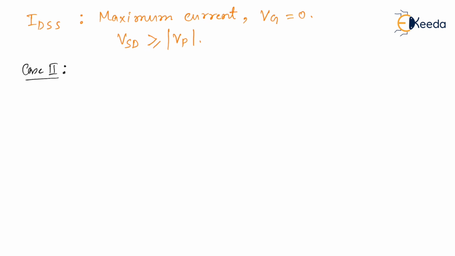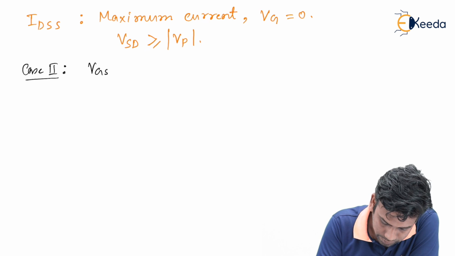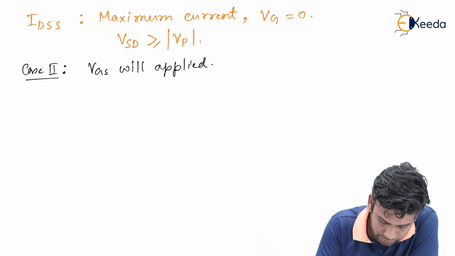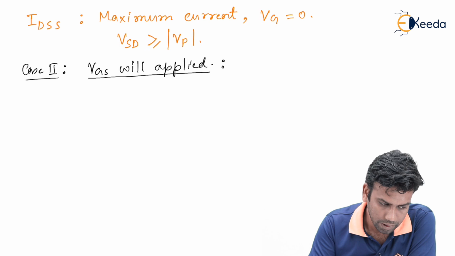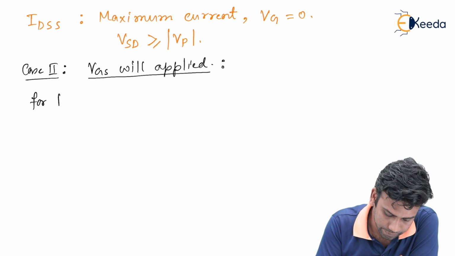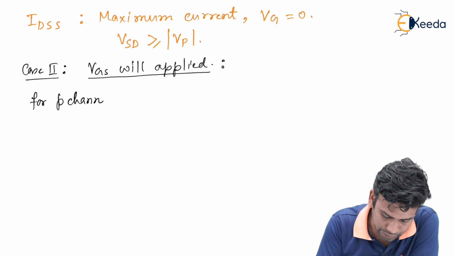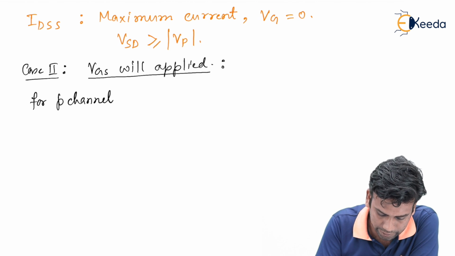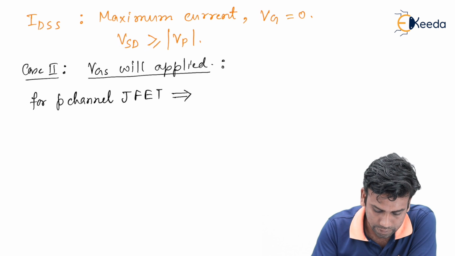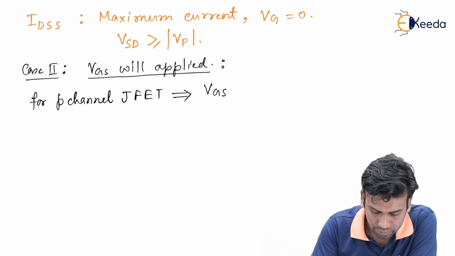So, case 2, VGS will be applied along with the VSD. Now for P channel, we are using the P channel. So for P channel JFET, we know that the VGS should be positive.